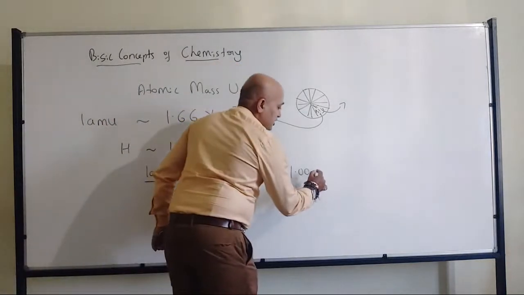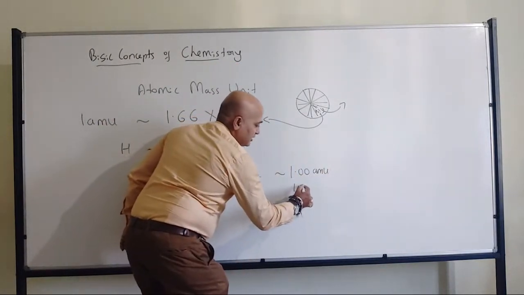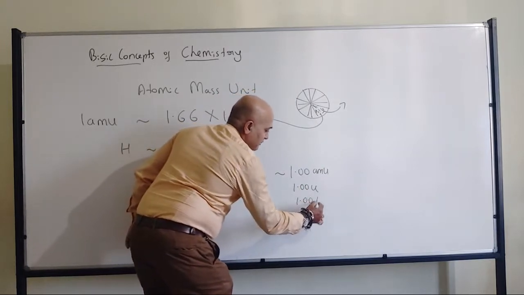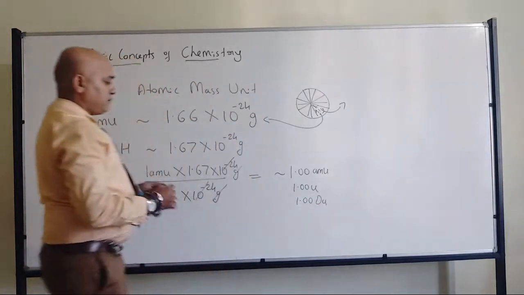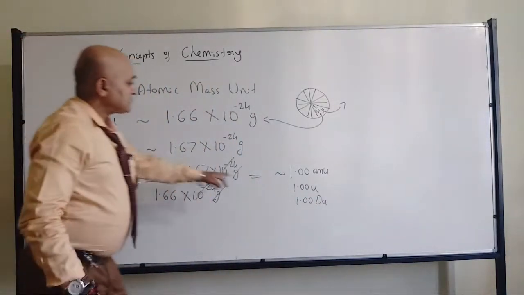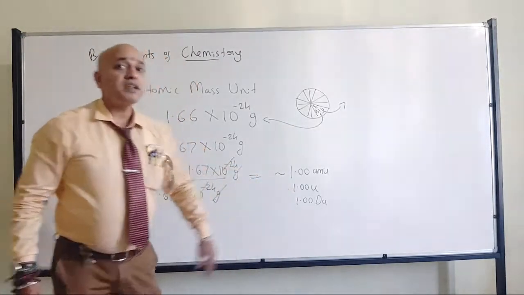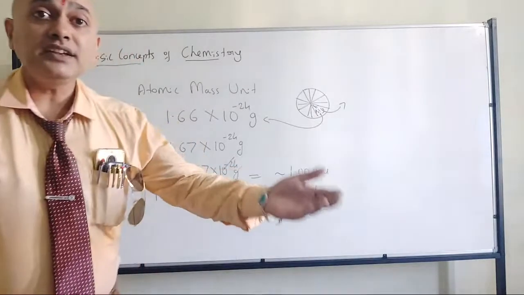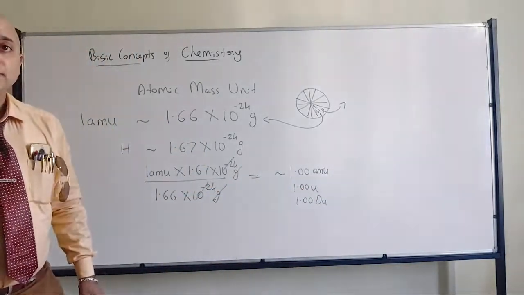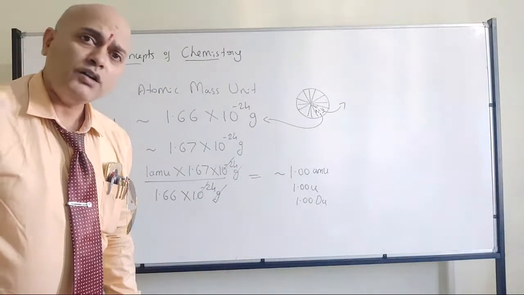Now I can mention it here as AMU, or I can mention it as U, unified mass, or I can mention it as Dalton mass. Got my point? This is with respect to one hydrogen atom. So this is the mass of one hydrogen atom in terms of atomic mass unit, in terms of Dalton, or in terms of unified mass. All of you have understood?